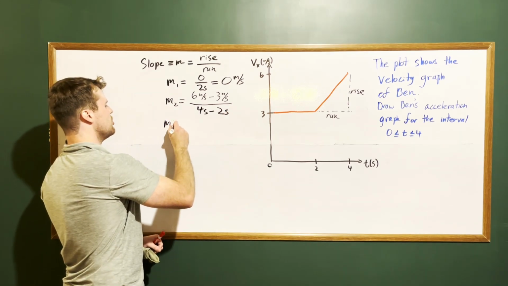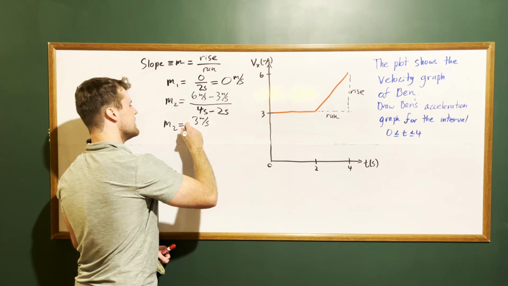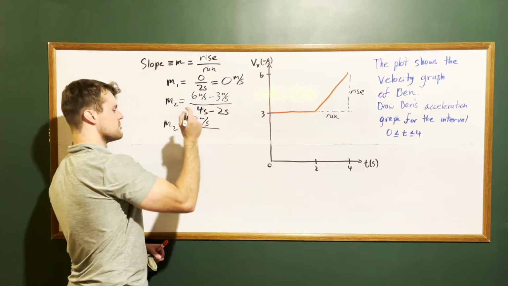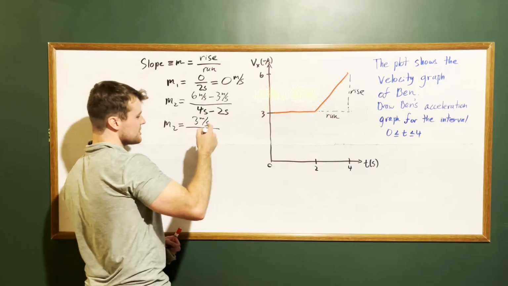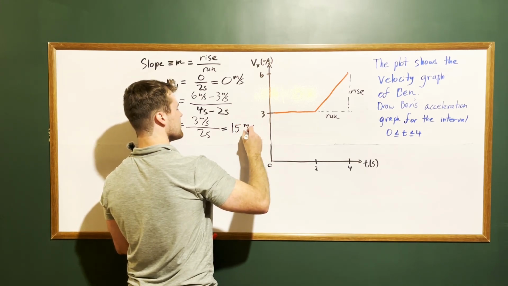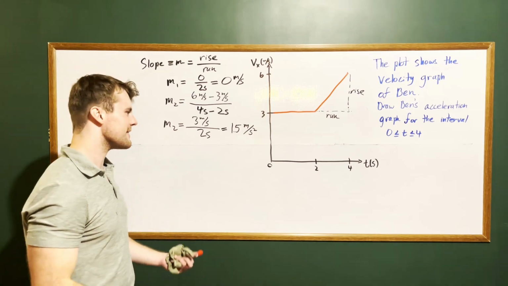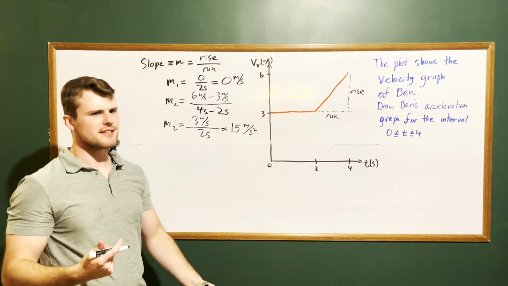So m2, our slope, is 6 minus 3, which is 3 meters per second, divided by 4 minus 2, which is just 2 seconds, which is equal to 1.5 meters per second squared, which is good because those are units of acceleration. Why is it meters per second squared?